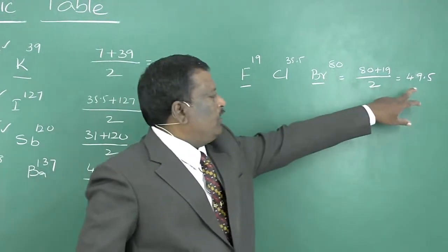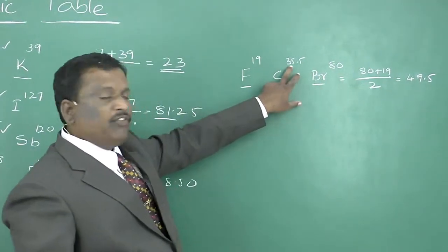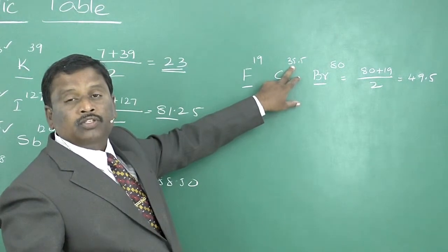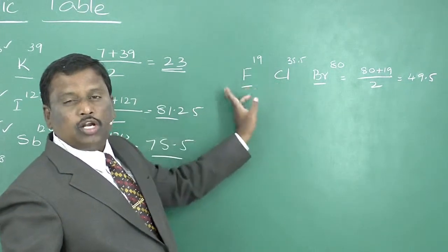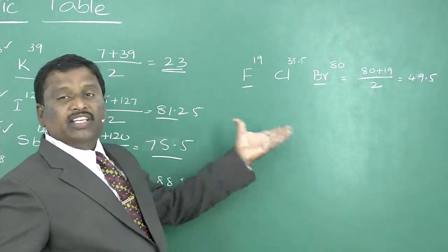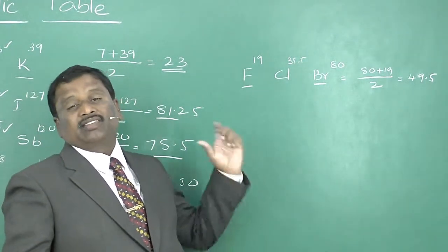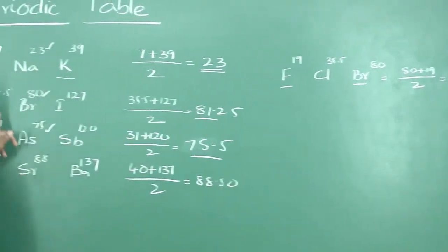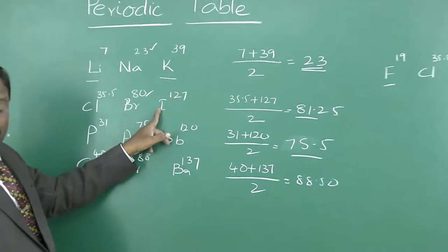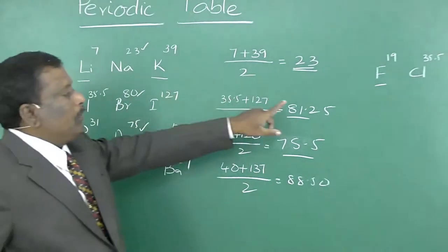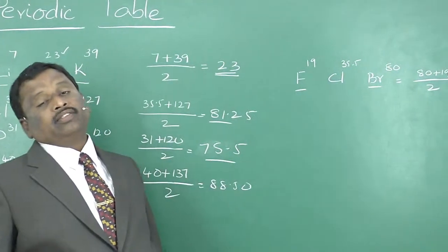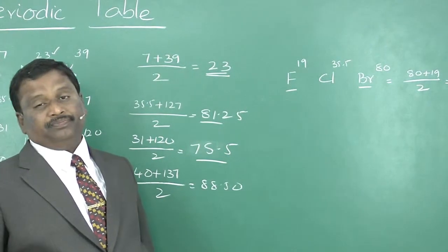This 49.5 is very far away from the mass of chlorine. That means this law of triads is not applicable for these three elements, which are similar in their properties. The same law was applicable for chlorine, bromine and iodine, but it was not applicable for fluorine, chlorine and bromine, which also have similar properties.